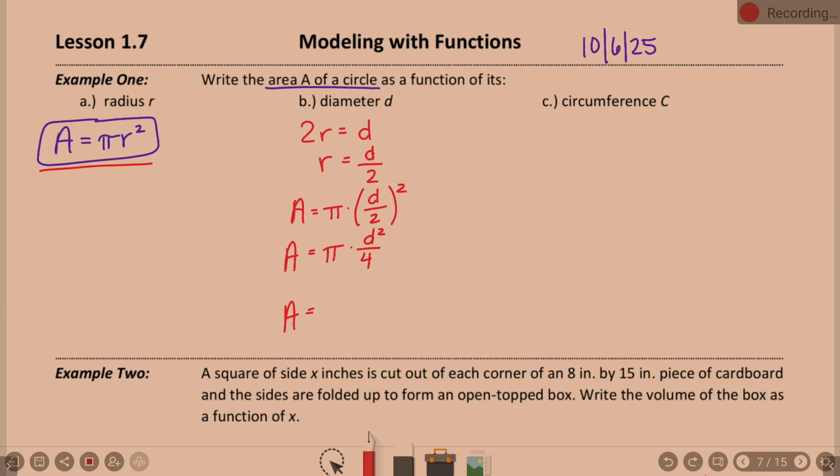There are two different ways I could see to write it. I'm going to write it as pi over 4 times d squared, where I've taken my constants and put them out front times the d squared. The other way is pi d squared all over 4, if you wanted one fraction.